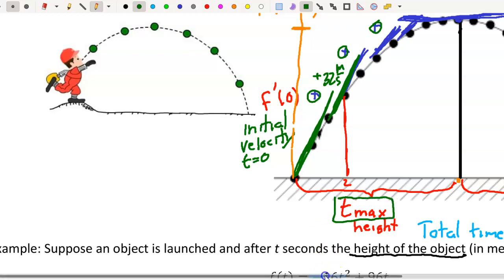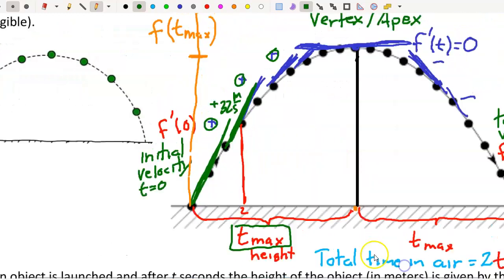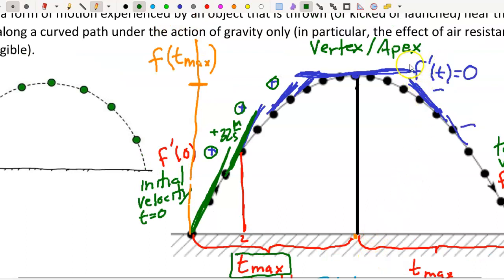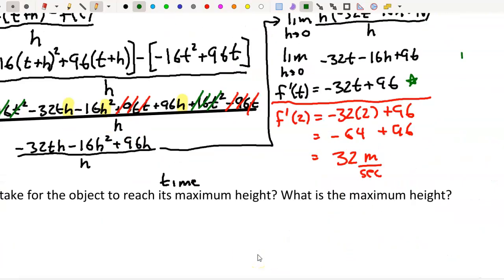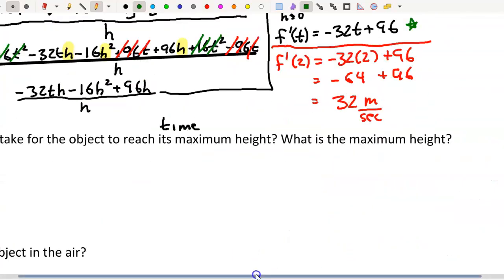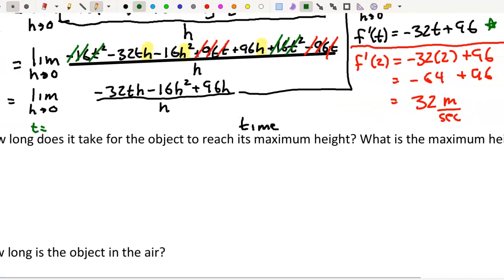Alright, we're trying to find that t max, and that happens when f prime is 0, or f prime of t equals 0. To find t max, I need to solve this equation, and my answer to this equation is the time. And this is why we need this function, right?